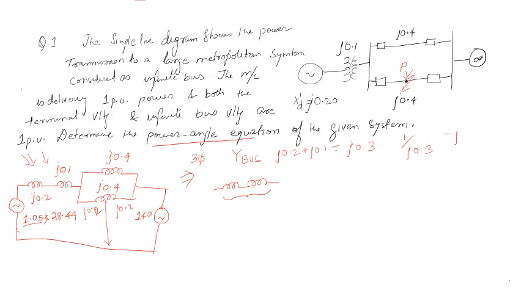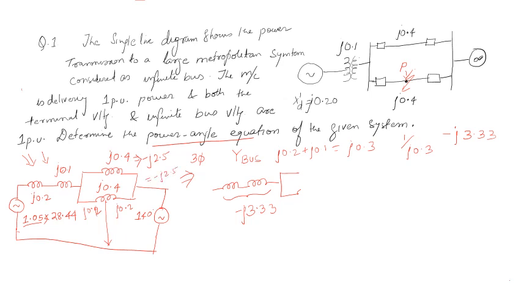So you will get minus j 3.33. This is the admittance, so I will write minus j 3.33. Similarly, you can do the reactance of the other two, and you will find the admittance is minus j 2.5. Here also minus j 2.5.